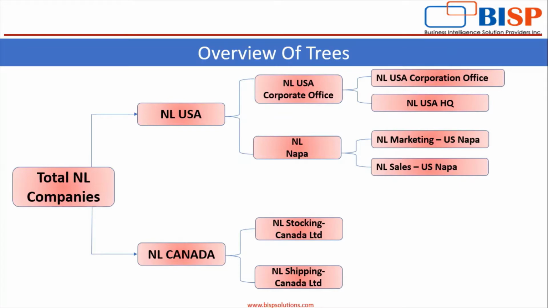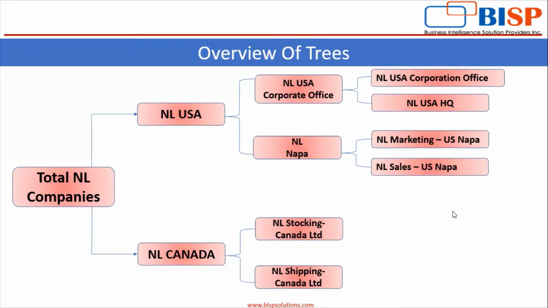Under NL USA Corporate Office, it has two sub offices, that is NL USA Corporation Office and NL USA Headquarters. In NL NAPA, it has two offices, that is NL Marketing US NAPA and NL Sales US NAPA. In the NL Canada company, there are two offices, that is NL Stocking Canada Limited and NL Shipping Canada Limited.